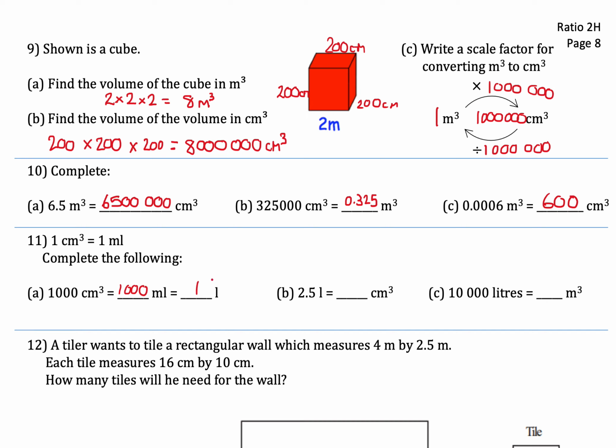2.5 litres, so to go back from litres to cubic centimetres, I want to turn it into millilitres first, so that's 2,500 millilitres, so therefore 2,500 cubic centimetres. 10,000 litres, turning it into cubic meters, so that's 10 million millilitres, which is 10 million cubic centimetres.